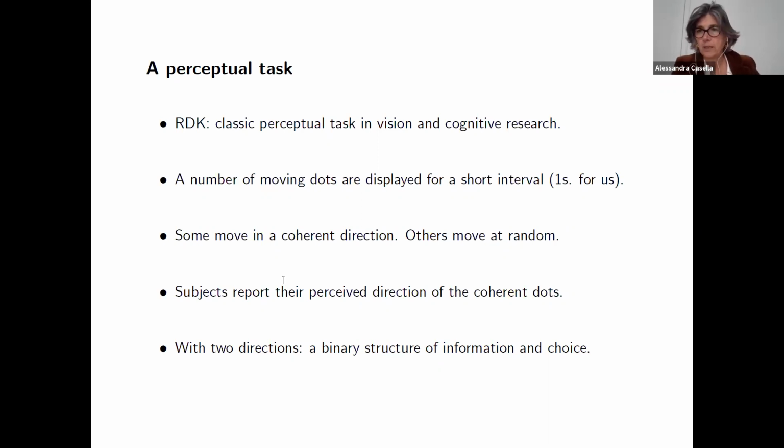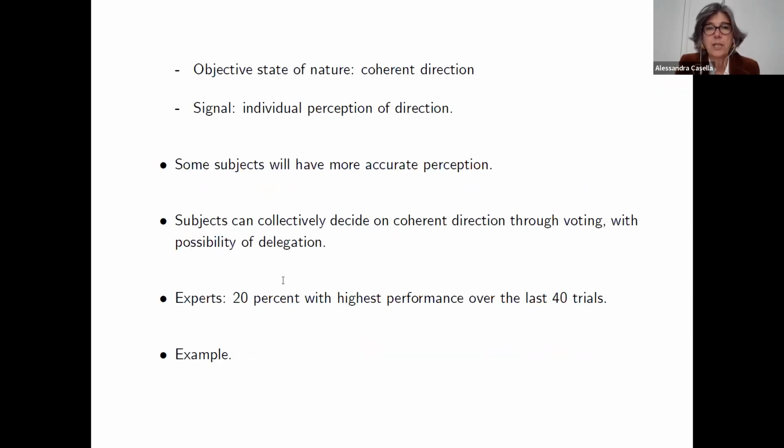Some move in a coherent direction, others move at random, and you are asked to guess the coherent direction. When you have 2 directions, they can go either left or right. You have a binary structure. So the objective state of nature will be the coherent direction, and the signal is your individual perception of direction.